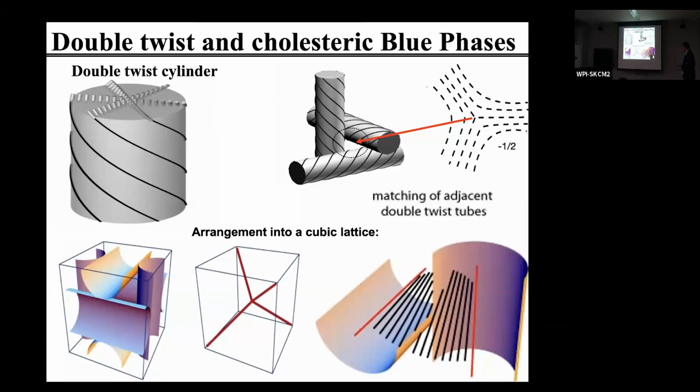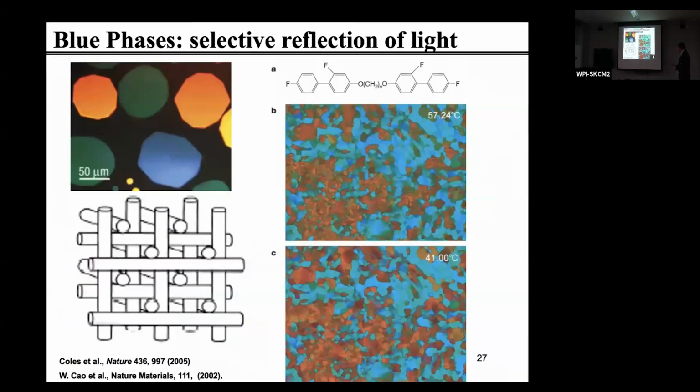And so then in these cubic phases, you effectively have the repeat units of the double twist tubes, which we could think these days as two-dimensional fractional skyrmions as well, right? And you also have periodically ordered arrays of such singular line defects that arise between these double twist cylinders as we try to pack them.